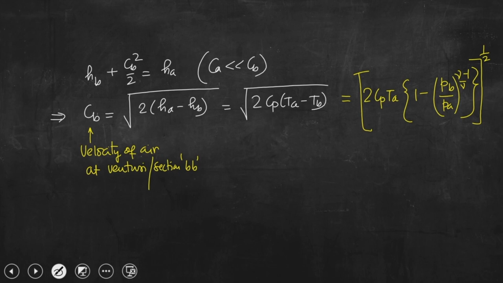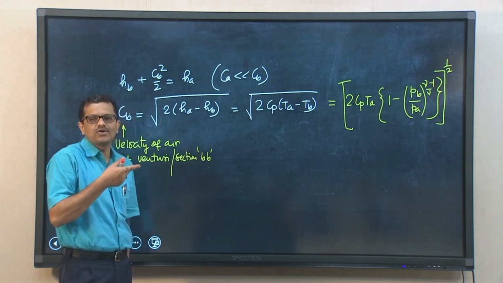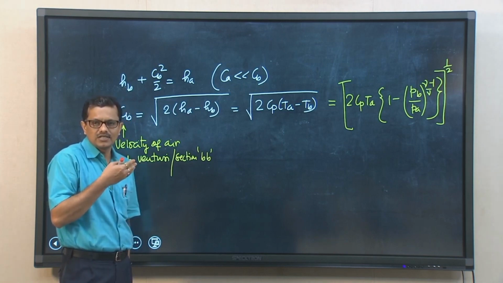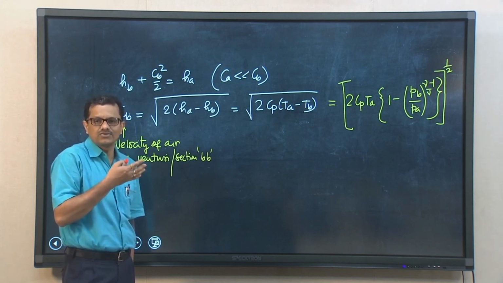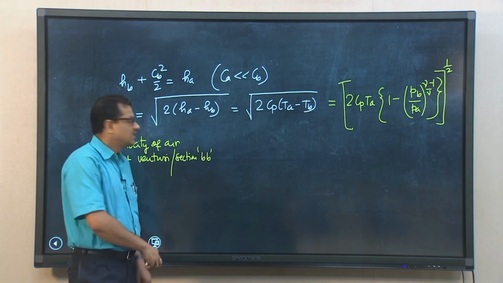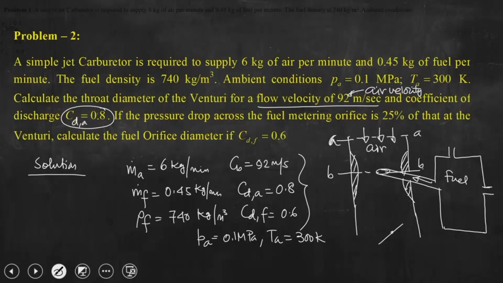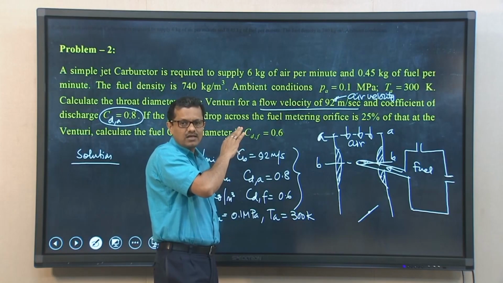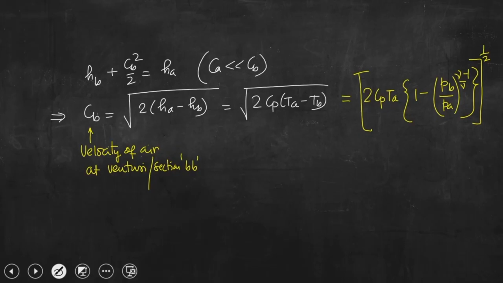Now, this is the velocity that we are calculating using the flow of an ideal gas modeled by an isentropic process. So, definitely the flow velocity of air at section BB is not the actual flow velocity. If we go back to the problem statement, we need the actual flow velocity of 92 meter per second, but the expression that we have here is the expression for the ideal velocity.